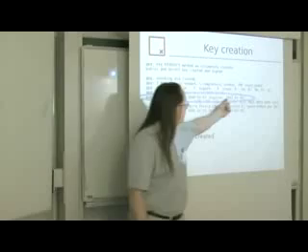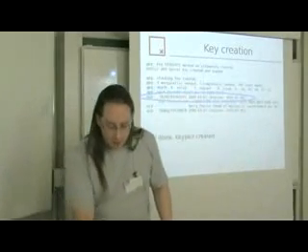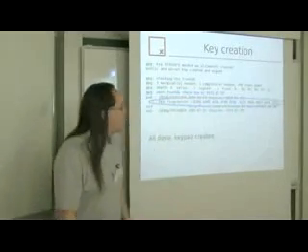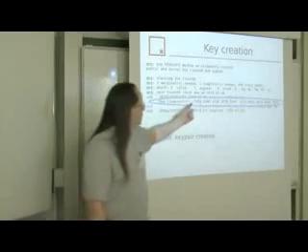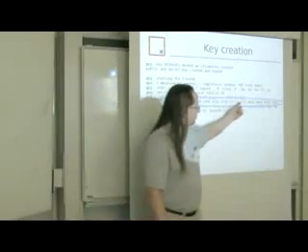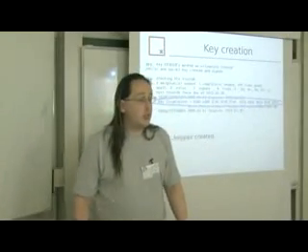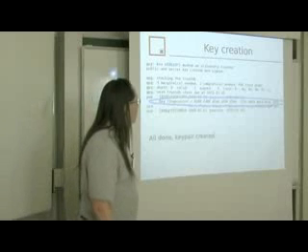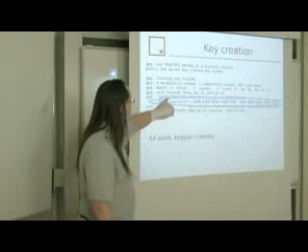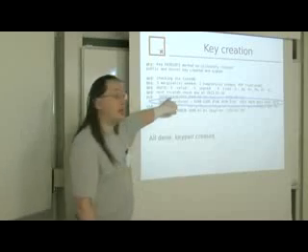Date it was created, date it expires. Next line down, the key fingerprint. That basically identifies the key uniquely. It's relatively easy to generate a key with the same ID.